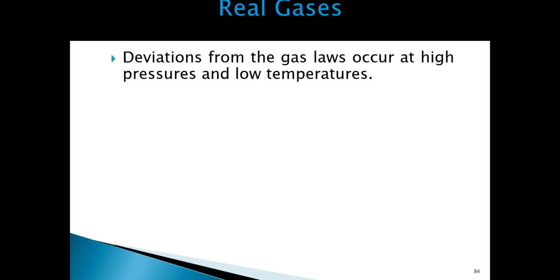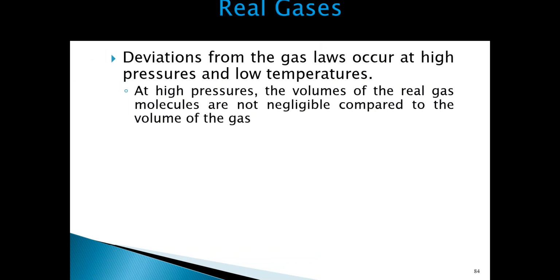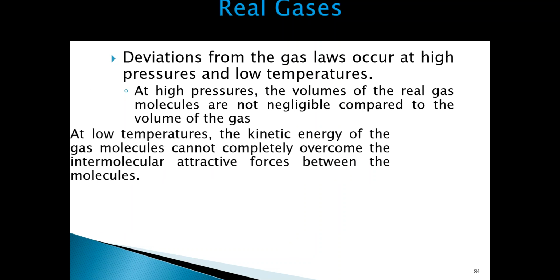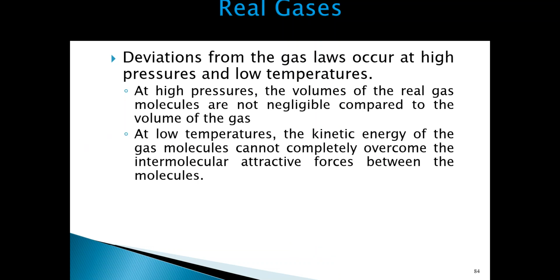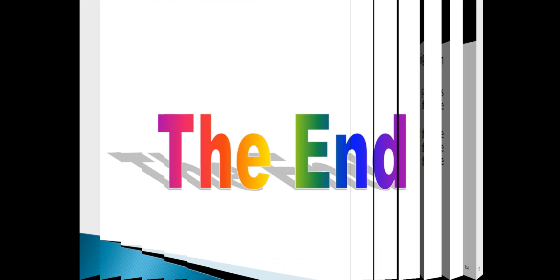All right? Now, in the case of real gases, that's not the case, right? So the behavior of real gases deviates from ideal gases for two reasons. One, in the real gas, the volume size is not zero compared to the container of the gas. And two, there are actually intermolecular forces that exist between the gas particles. And therefore, this would also have an effect on how real gases behave differently compared to ideal gases. All right.